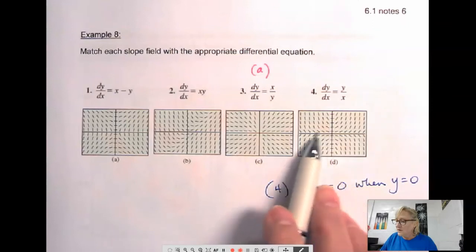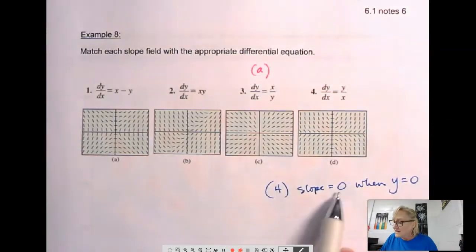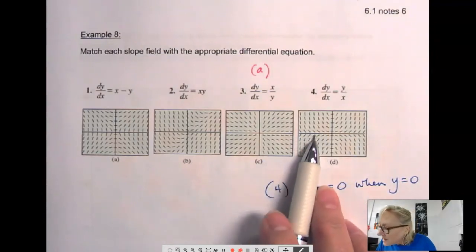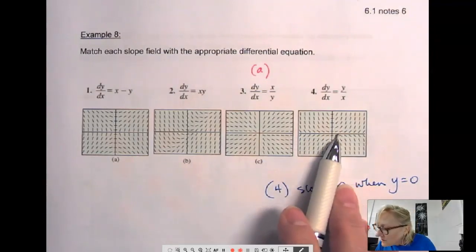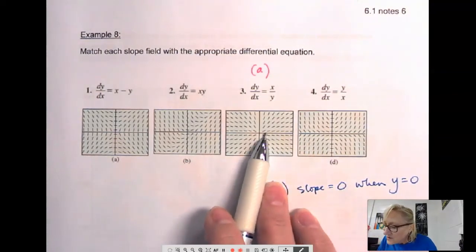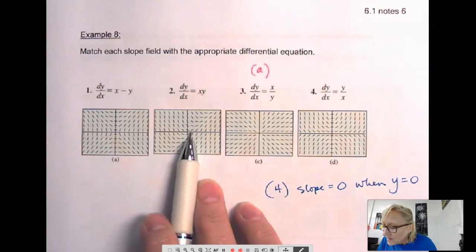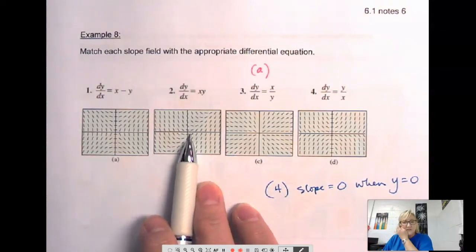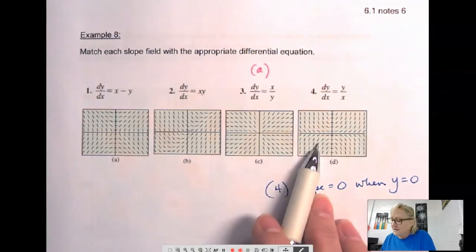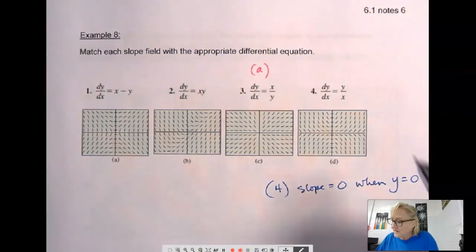All along here. So I'm going to look for a graph that has a slope of 0, so horizontal segments around here. And those are approaching horizontal, so they could be horizontal on the axis. Those are also maybe, this is not. I would definitely say this one does not apply. I would say it's narrowed down to C or D. Okay, so let's keep going.